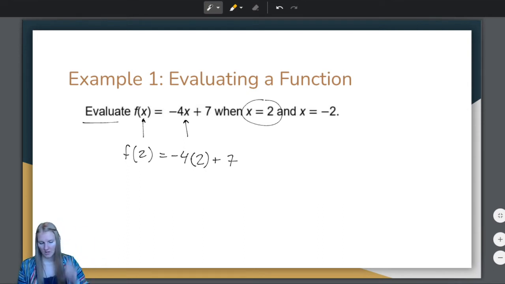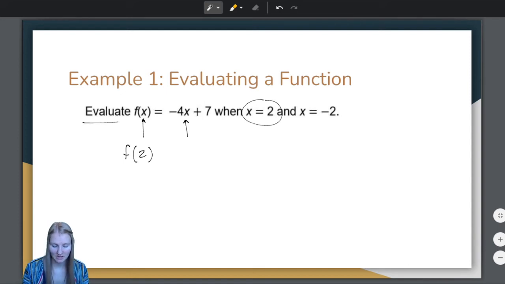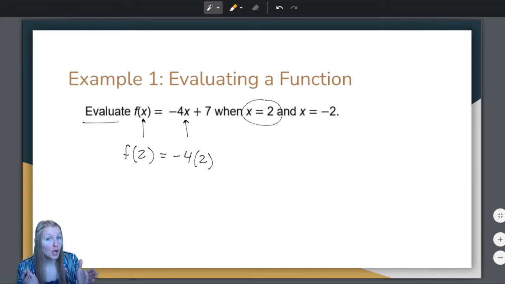So, what we're saying is, what is the function when x is 2? So you need to put 2 inside the parentheses. We're taking f of 2, f when x equals 2. And that is equal to negative 4 times 2, because x is 2, plus 7.